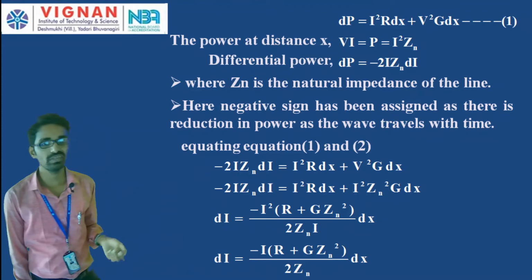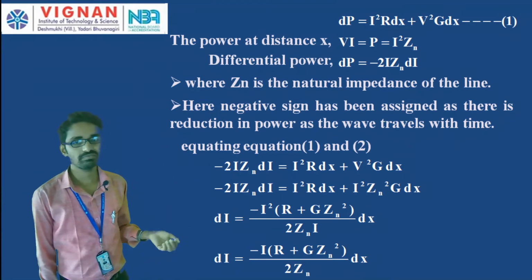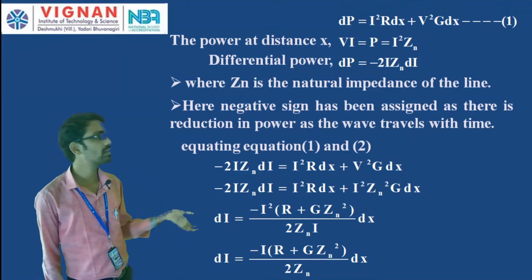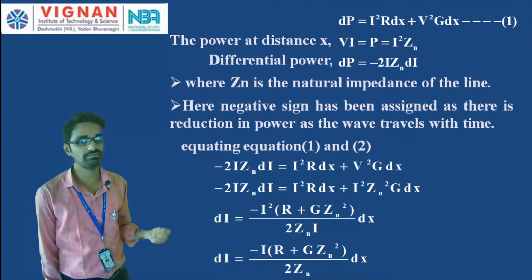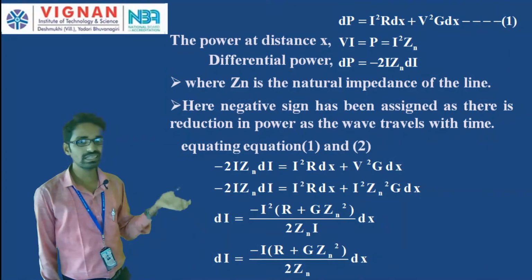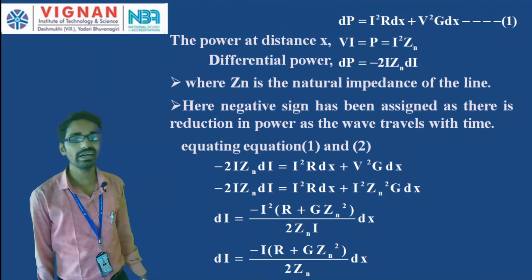Here the negative sign represents a reduction in the power as the wave travels with time. As the wave travels with time, the power is going to reduce, so that's why we represent it with a negative sign.